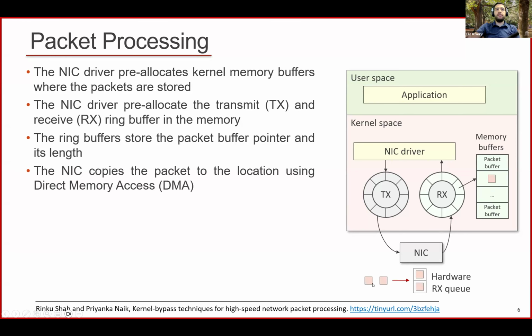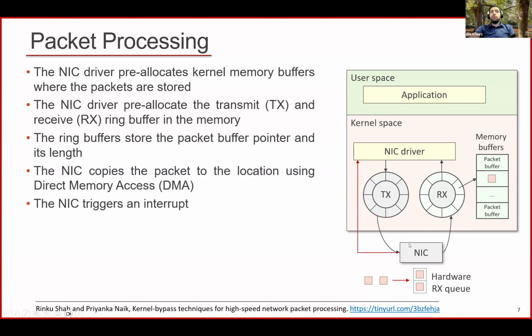Whenever a packet arrives at the network interface card, the NIC, first it will be stored in a hardware receive queue. Then the network interface card will copy that packet to memory, using a technique called DMA, or direct memory access. The idea here is to not involve the CPU in this copy so that we can get better performance.